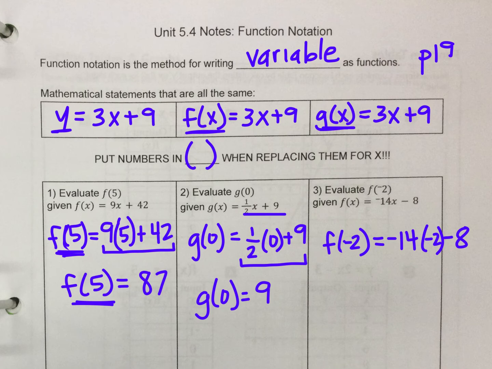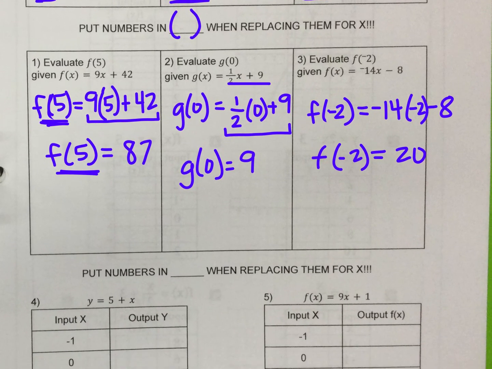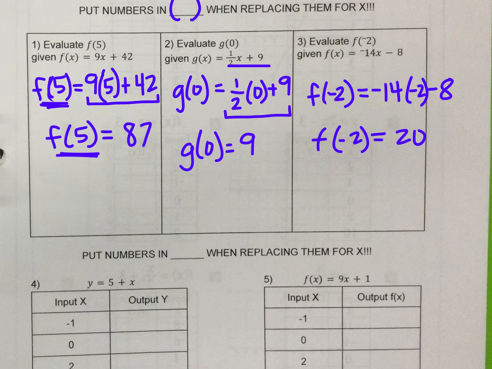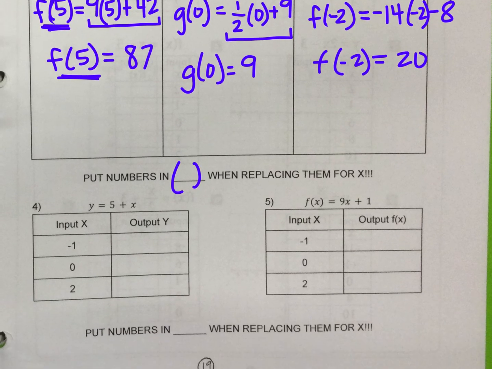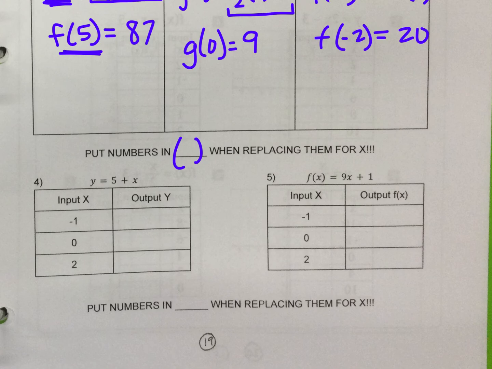When I do -14 times -2 minus 8, when I put a -2 as my input, my output, or my answer, will be 20. But something we need to remember, always put parentheses when you're replacing for x. That is so, so, so important.